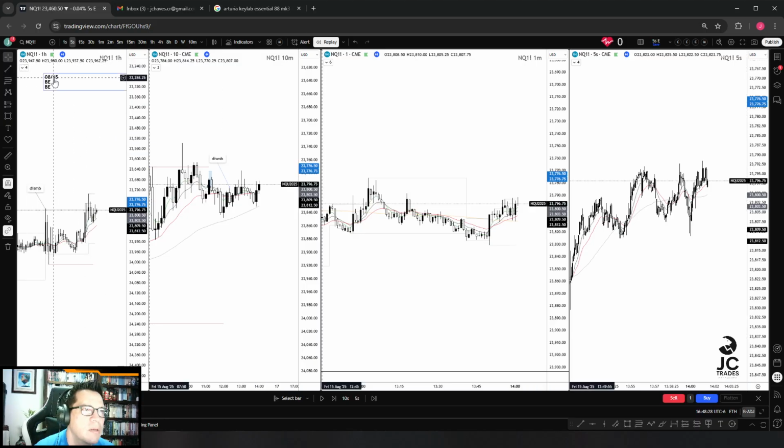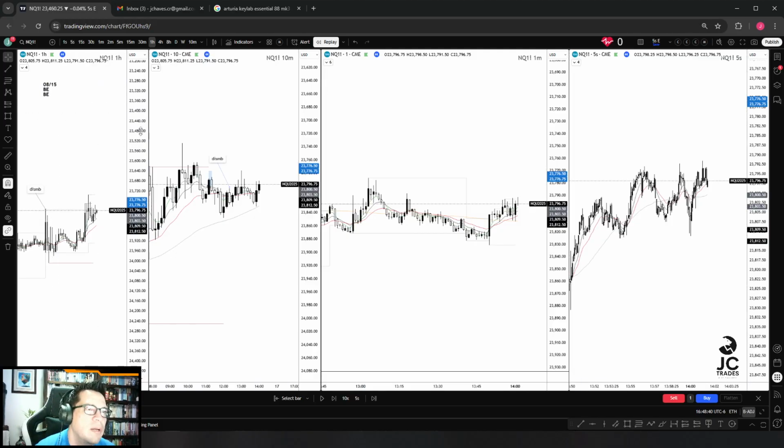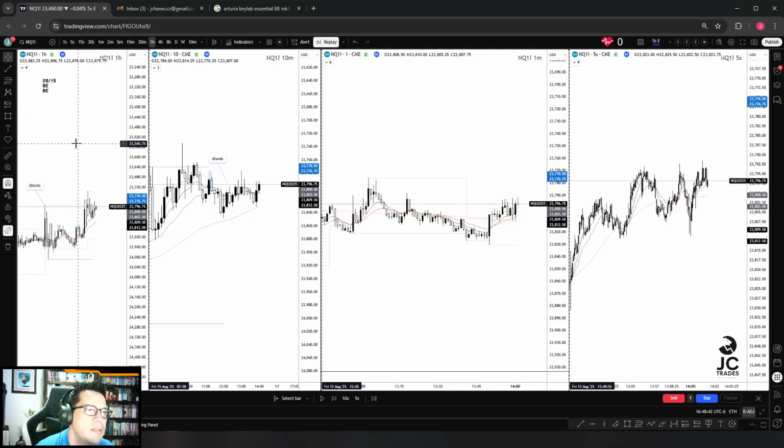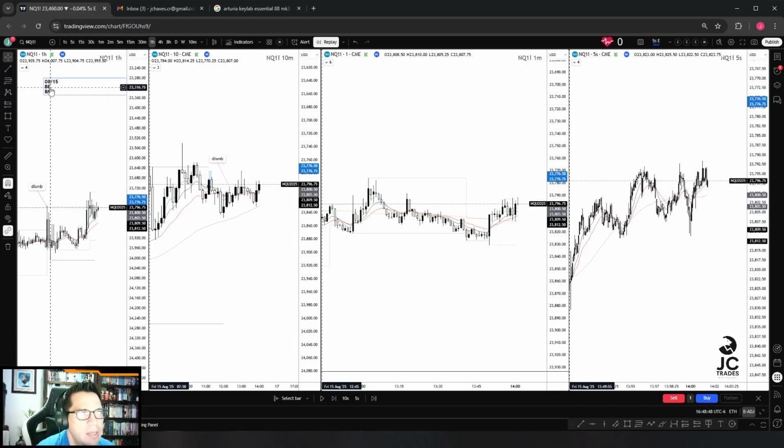So just a quick revision of what we had today. Basically a lot of back and forth action and just 2 entries, both ending up as break-even trades. One, due to our rule of having an over 50% drawdown and price coming back to entry point, so that was a break-even.